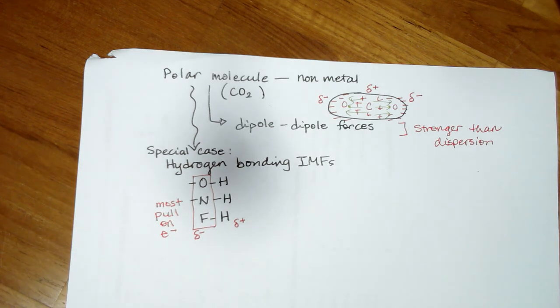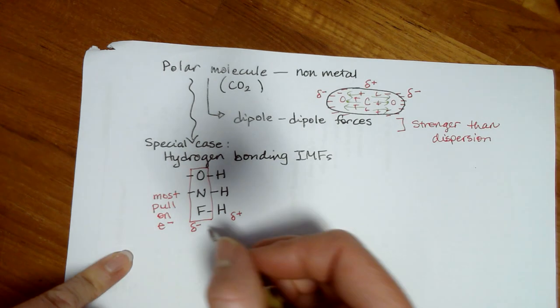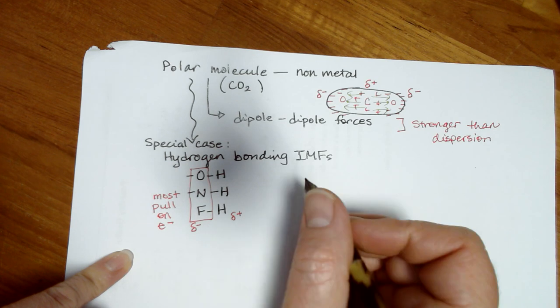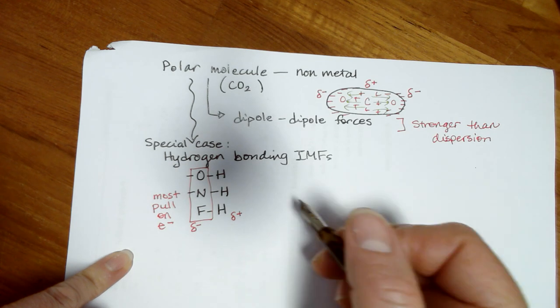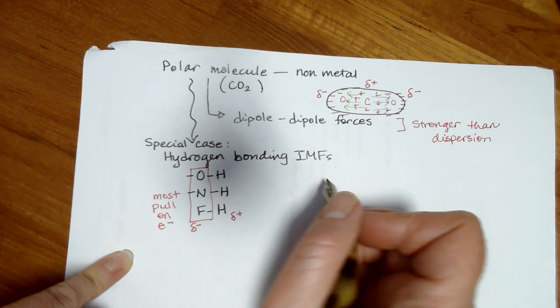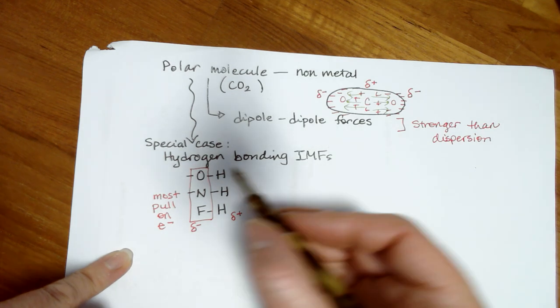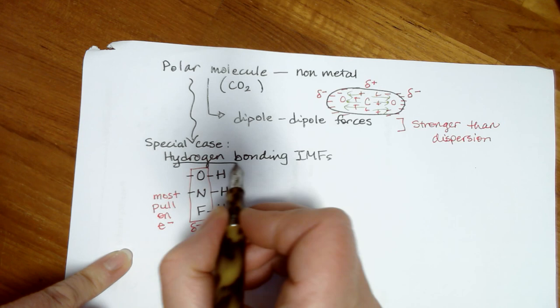So when the hydrogen interacts with another molecule, it's going to see an even stronger permanent dipole than regular polar molecules. We call those hydrogen bonding intermolecular forces.